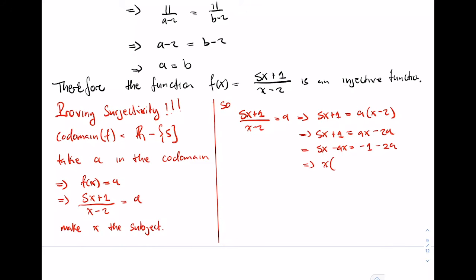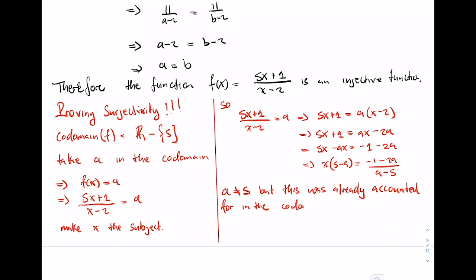This then means that x times (5 minus a) is equal to (negative 1 minus 2a) divided by (a minus 5). a cannot be equal to 5 based on what we're seeing, okay? But this was already accounted for in the codomain.